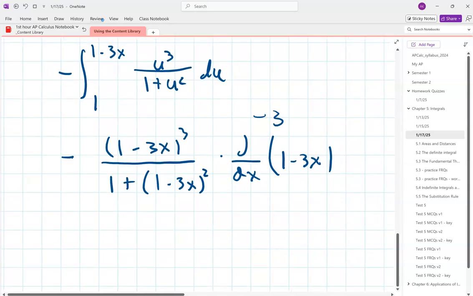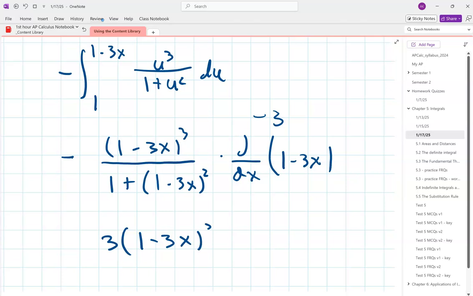The derivative of 1 minus 3x is just negative 3. I don't know if the back of the book answer did more simplifying than this, if they foiled this all out and tried to reduce things or not, but this would be fine for me.